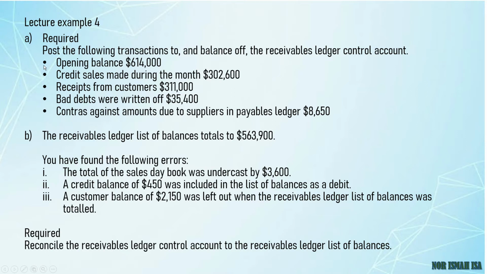One is that you need to post or record this information in the receivable ledger control account, and then you need to make an adjustment. For B, you need to do a reconciliation because the balance won't agree. So let's go to the answer.